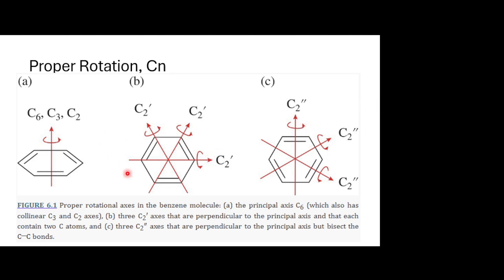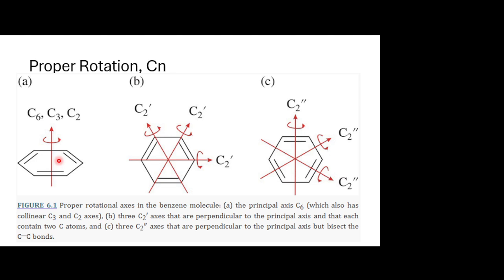All right, so now whenever we look at the principal axes, these are always going to have collinear axes that can add up to those. That can have products of that. So for example, when we have a C6, instead of rotating it 60 degrees and it matching, we could rotate it like 120 degrees, right?